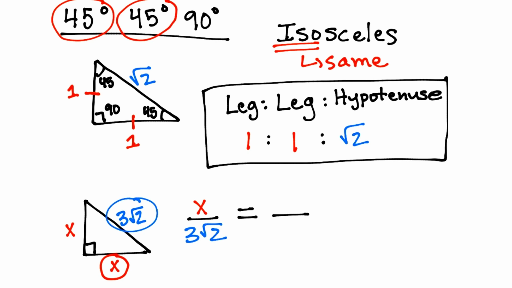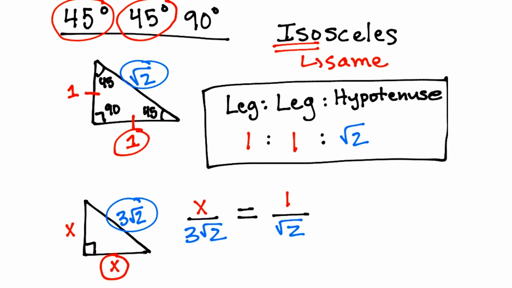And then on the right side, we're going to use the property on our flashcard. So we know that the leg is equal to 1 and that the hypotenuse over here is equal to square root of 2. So on the left side, we're going to set up the triangle that we're trying to solve for. On the right side, we're going to use the ratios from the properties of the 45, 45, 90 degree triangle.